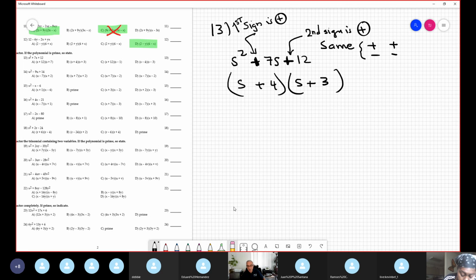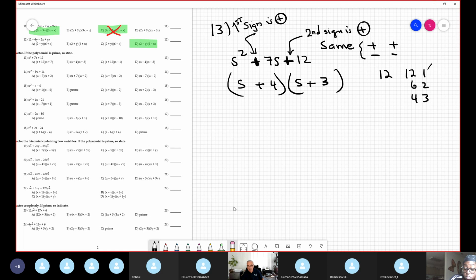To find the key to open the door, I recommend that you take that number, which is 12, and you analyze the possibilities, the factorization. 12 is 12 and 1. 12 is 6 and 2. And 12 is 4 and 3. No more possibilities.